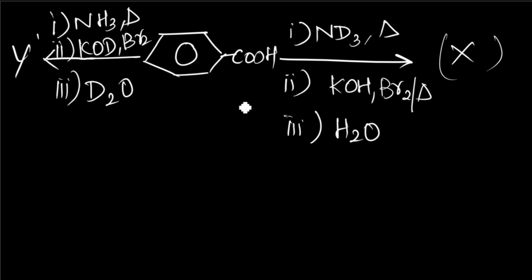Then as the next step, KOH and Br2. What is this reaction? If you know what this reagent is used for, let me know in the comments. I will give you a mock test question paper with solution as a reward. Then H2O, that is producing X.